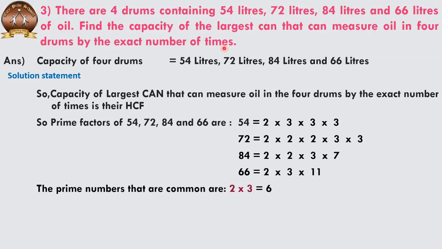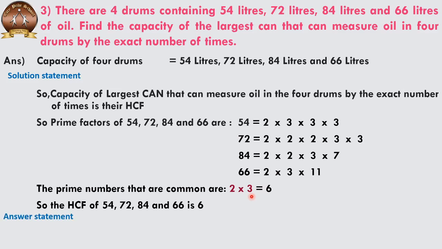The prime numbers that are common: you can see one 2 is common in all of them and one 3 is common in them. They all have a single 3. Rest all are the uncommon factors. So we have common factors 2 and 3. When these are multiplied together, we get a 6. So HCF of 54, 72, 84 and 66 is 6.